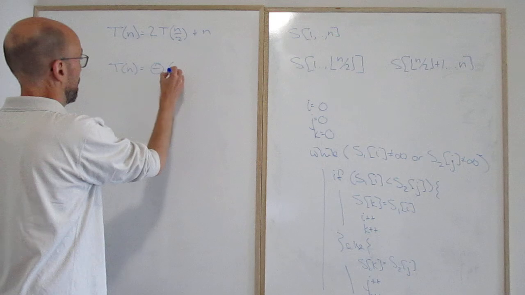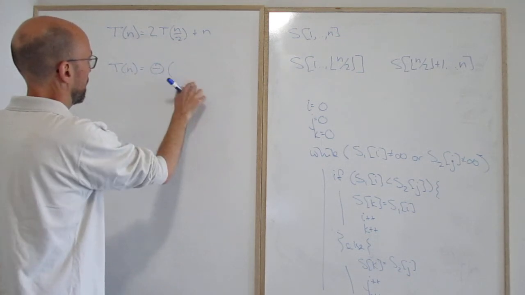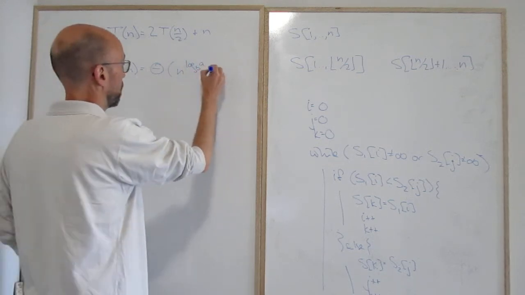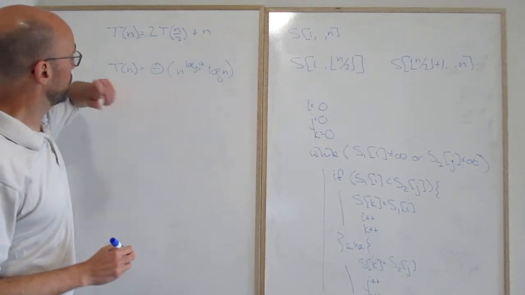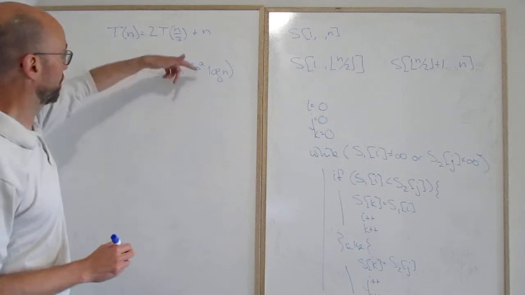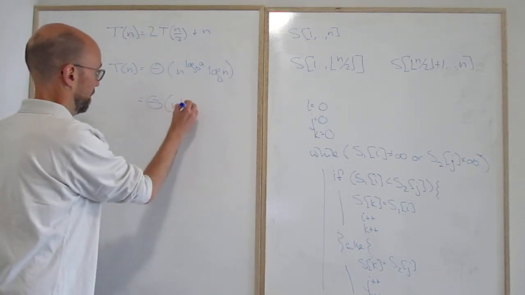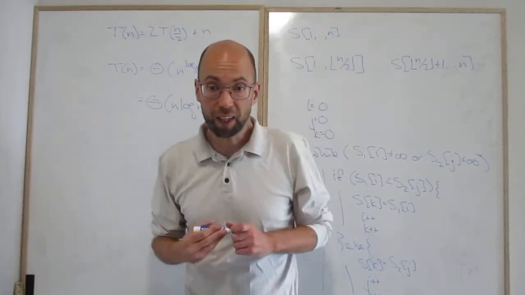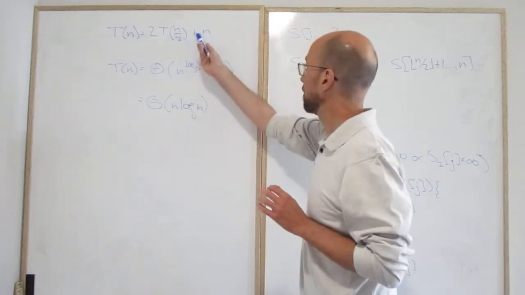is theta of n to the log base b of a, times log n. Right? So this is just what is a to what is b to, so this is 1, so this equals theta n log n. Okay, so merge sort is n log n. We know that recurrence f(n) is big theta.